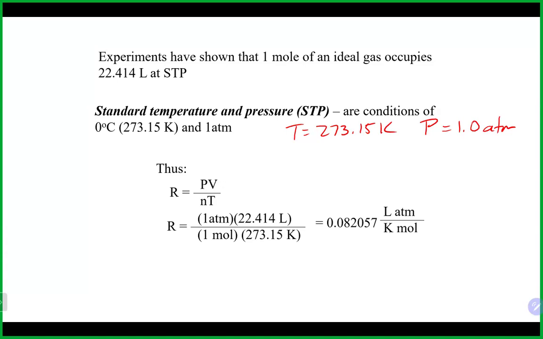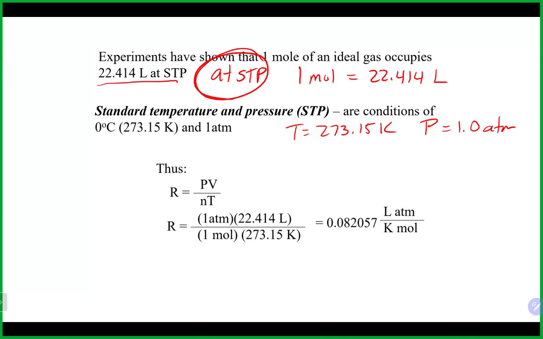Now, one of the nice things about STP conditions is if you are actually at STP conditions, you could use this conversion factor, which is 1 mole of any gas will equal 22.414 liters. So that is a conversion that you could use at STP conditions only.